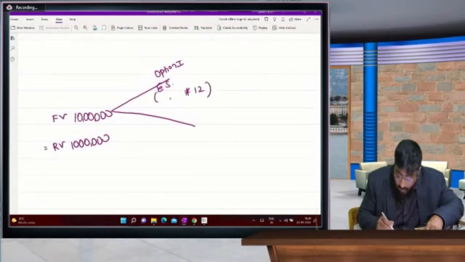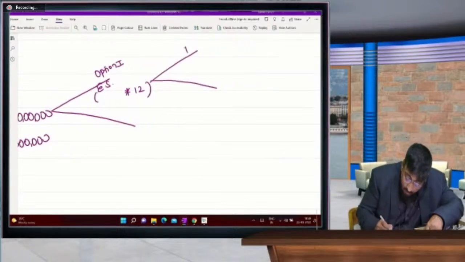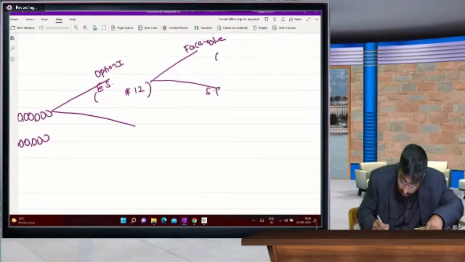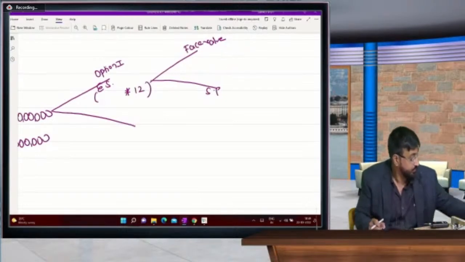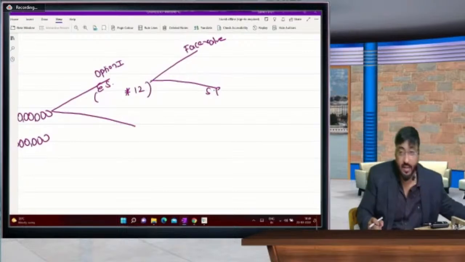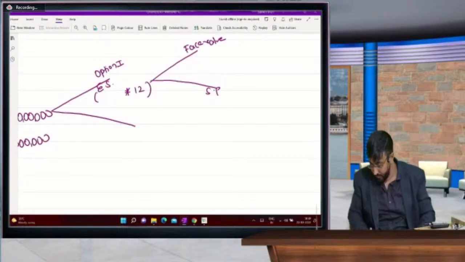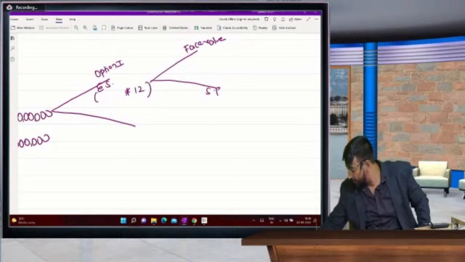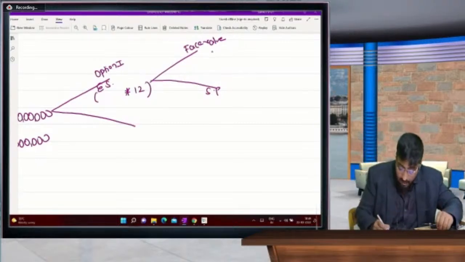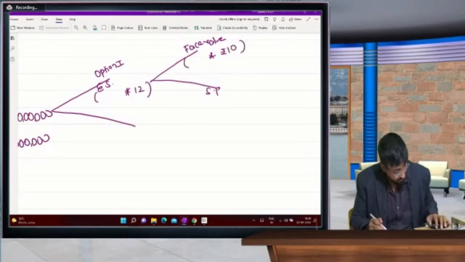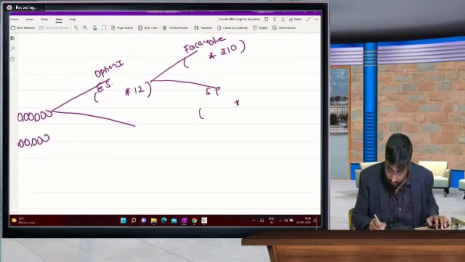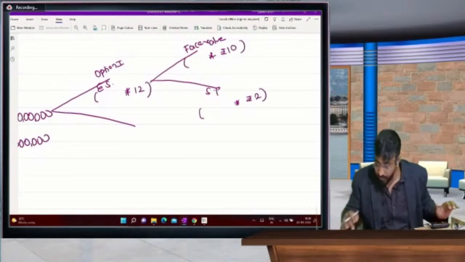We are not aware of the number. But beta, now again you have to draw this diagram. Face value and security premium. So this is beta into 10, into 2.